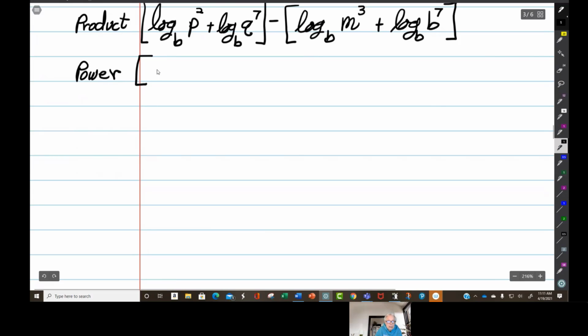Okay, so using the power rule will give me 2 times log base b of p plus 7 times log base b of q.